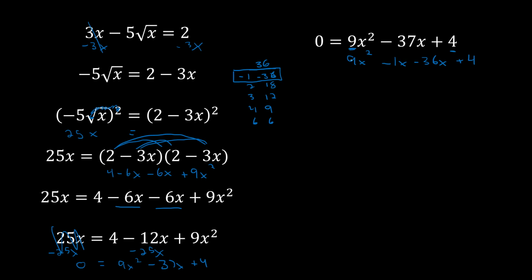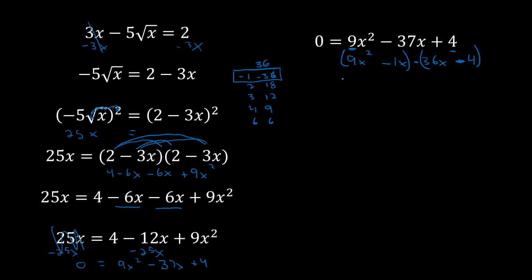Now from here, I can factor by grouping. So if I group together the first two and then the last two, just take note that this minus sign outside of the parentheses will change this from a positive into a negative. Okay, so now what I want to do is pull out the greatest common factor from each set of terms.